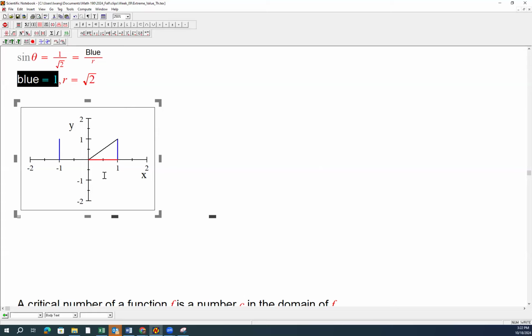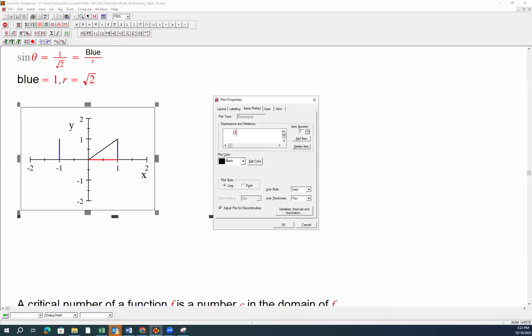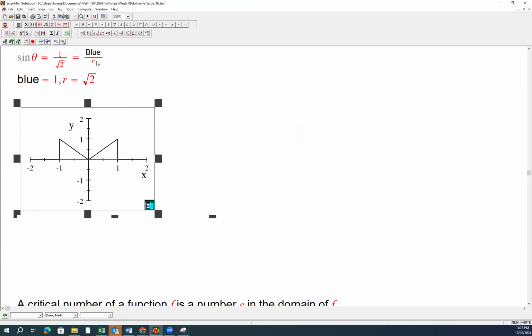So we have another R, and of course, we have another red. The R is always positive. For the positive blue, we have 2 terminals corresponding to angle theta.